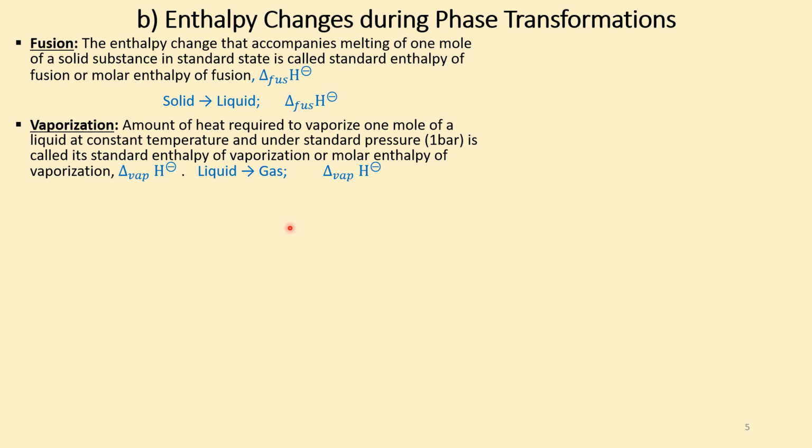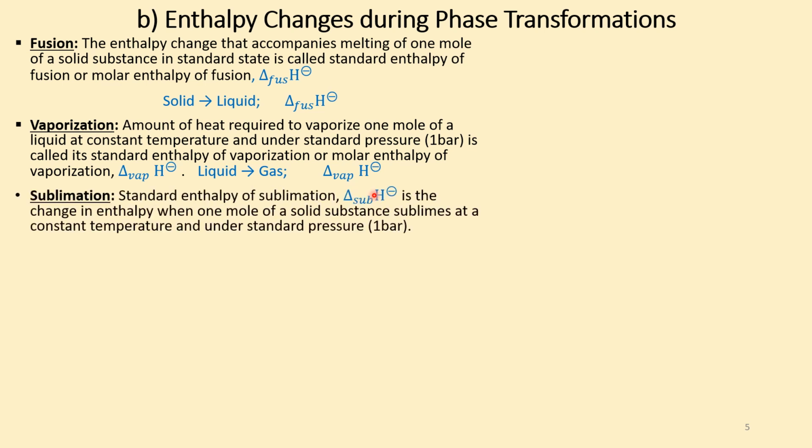So, molar enthalpy of vaporization, whose symbol is delta vap H encircled dash. In this, the liquid becomes gas, and the standard enthalpy is delta vap H encircled dash.